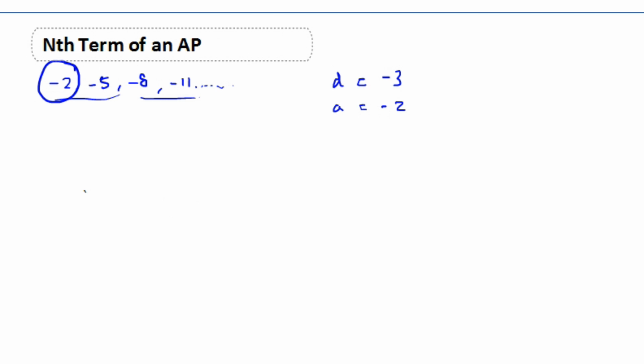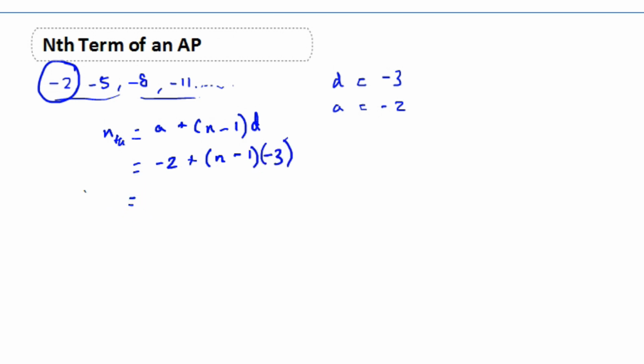So the nth term, obviously the formula, you know that the nth term is equal to A plus n minus 1 times D. So let me simplify that: A we know is -2, plus n minus 1 times -3.